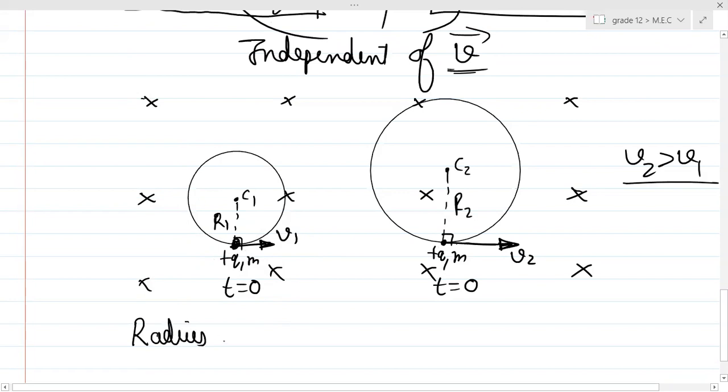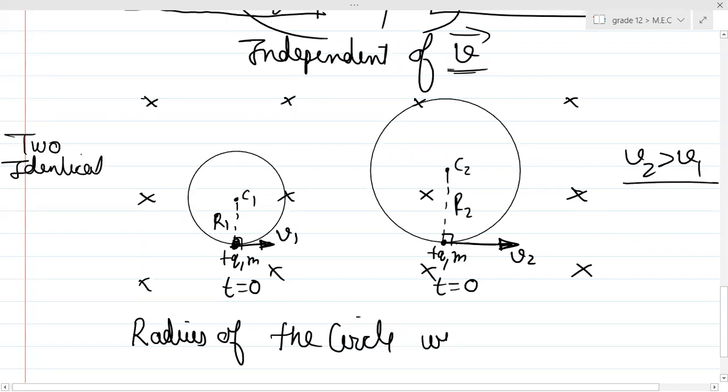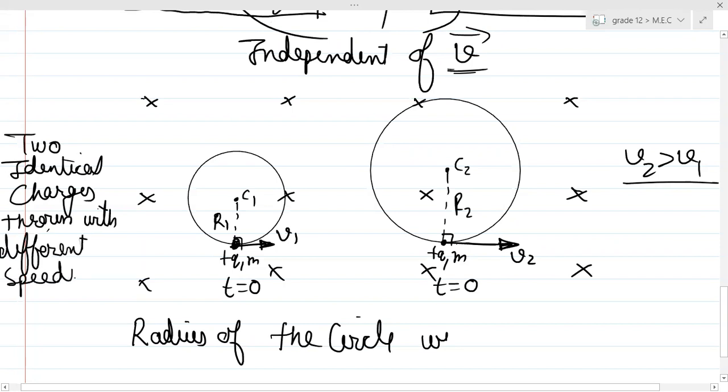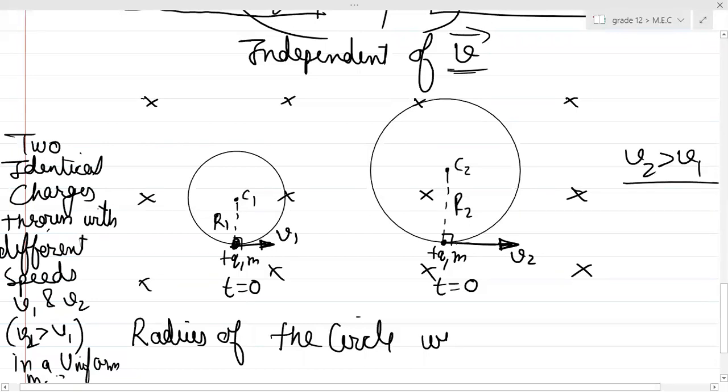the radius of the circle, I'm writing the conditions: two identical charges thrown with different speeds, V1 and V2, where V2 is greater than V1, in a uniform magnetic field.